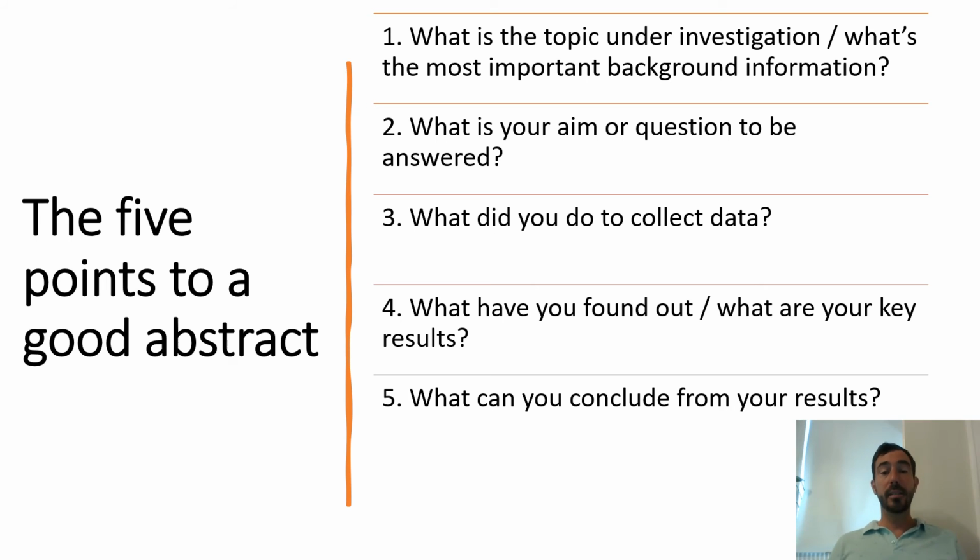Once you've done that, tell the reader, what have you found out? What is the finding that should grab their attention to make them read more? Don't give every result in the abstract, but the most important ones that make the research accessible. And once you've done that, give a brief explanation of the finding and finish with a conclusion that puts the results in context.